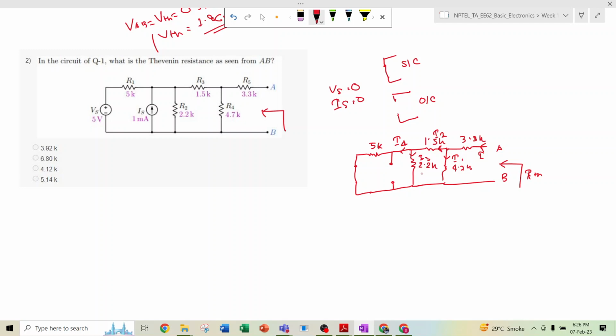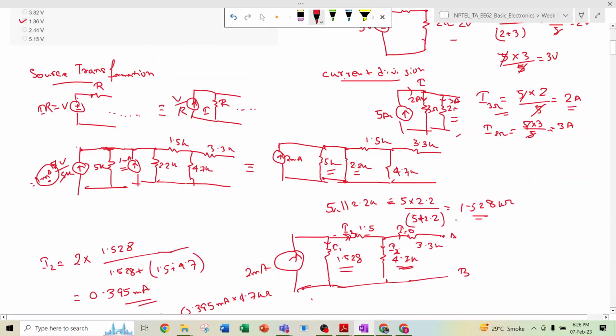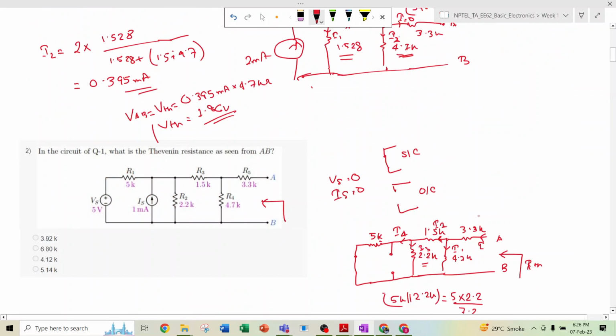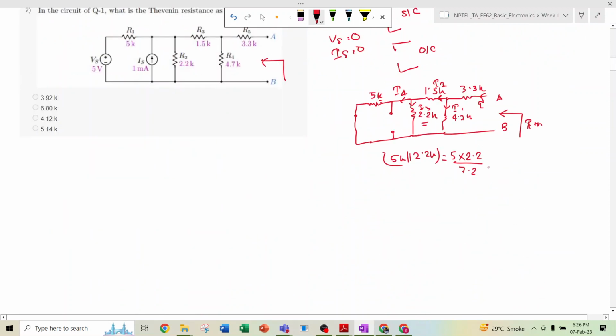So basically this 2.2 and 5 are in parallel. So 5K parallel 2.2K. This parallel equivalent resistance will come as 5 into 2.2 divided by 7.2. We have already calculated this, that is 1.528 kilo ohm.